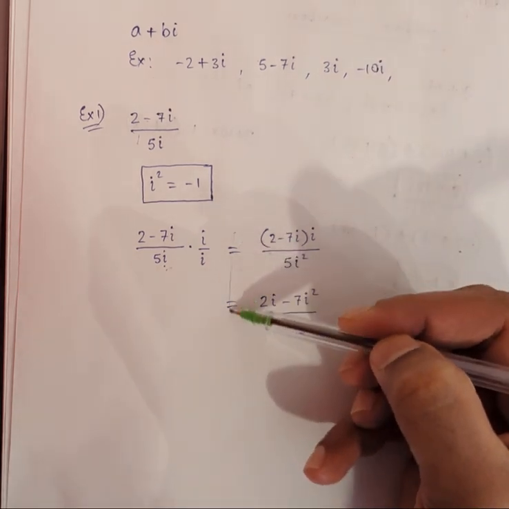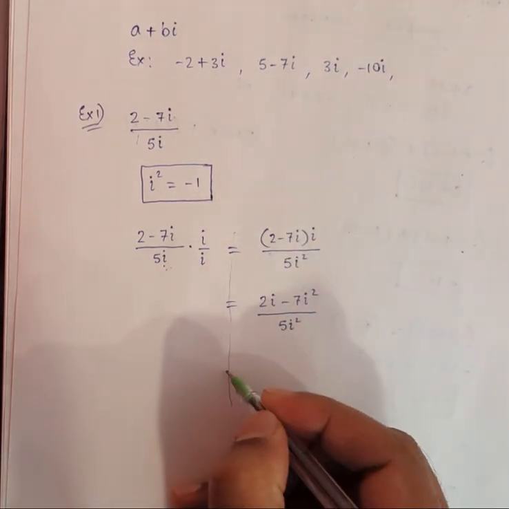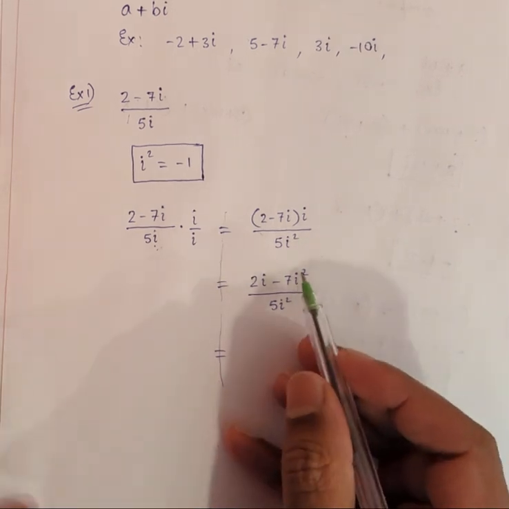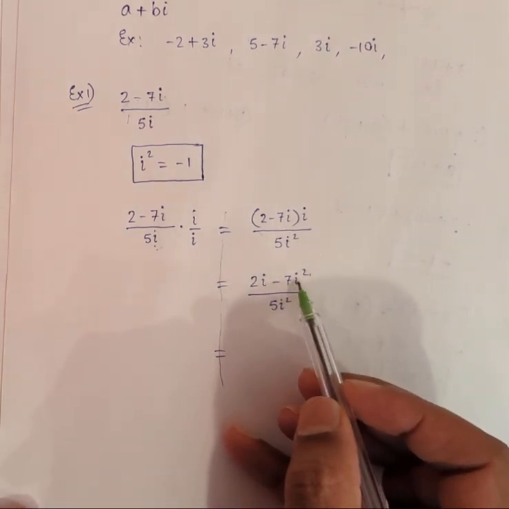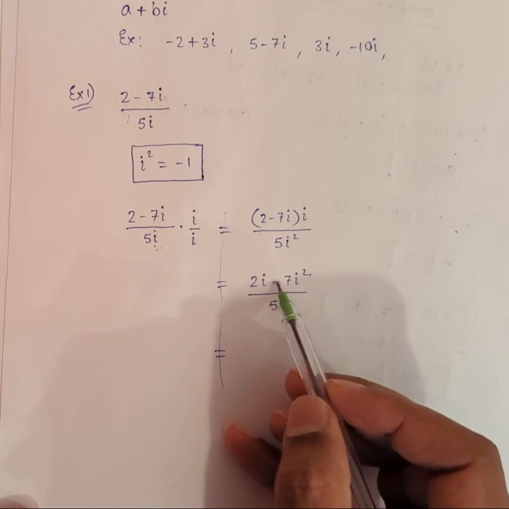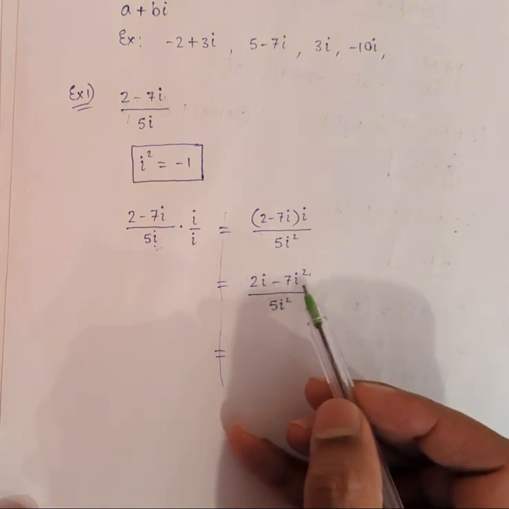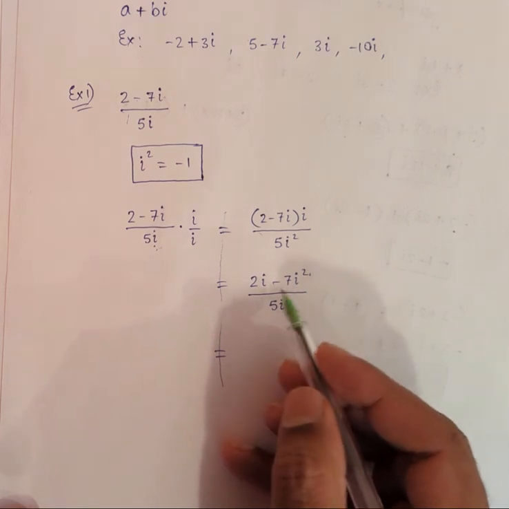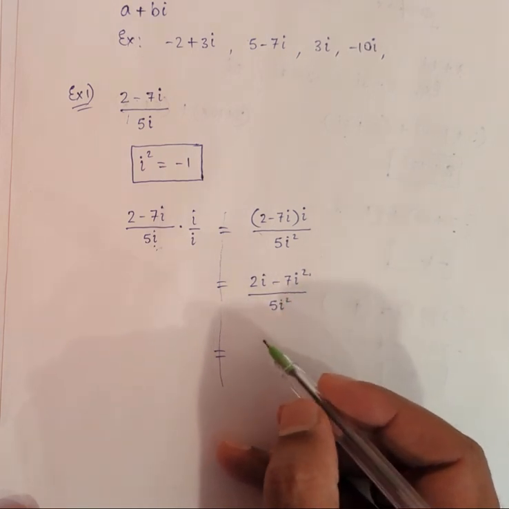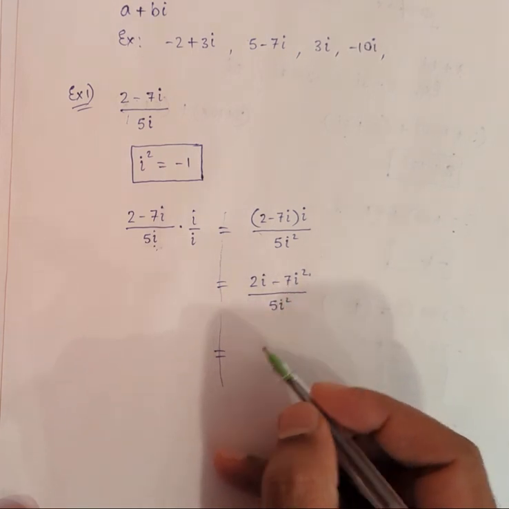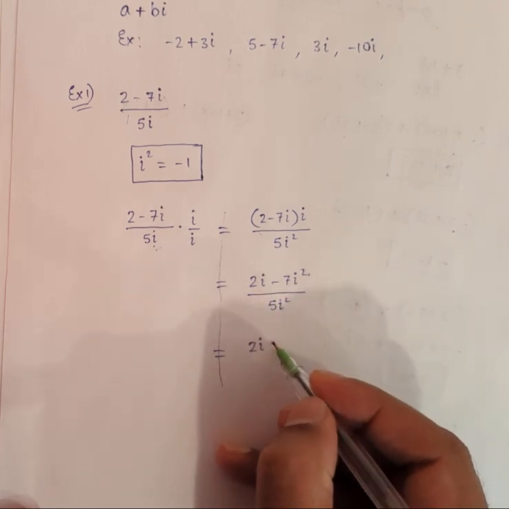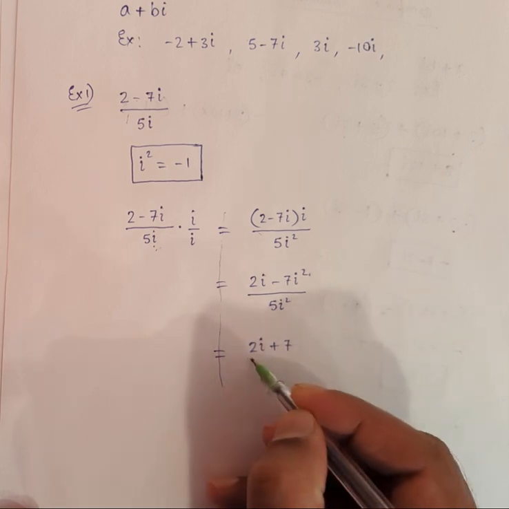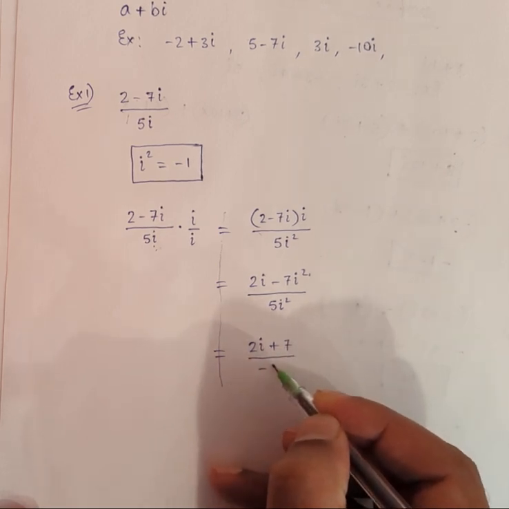Just keep going. i squared is negative 1. And what i squared does is it flips the sign, right? Because you're multiplying by -1. And we spend a lot of time talking about that in the multiplying complex numbers videos. So the numerator is 2i plus 7 and the denominator is -5.